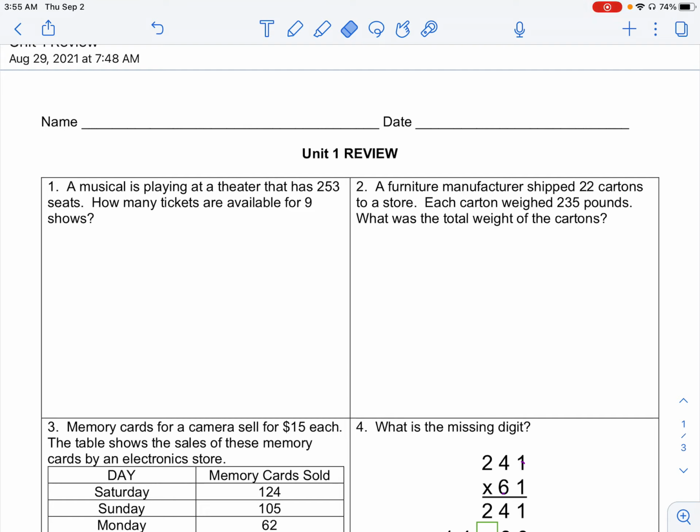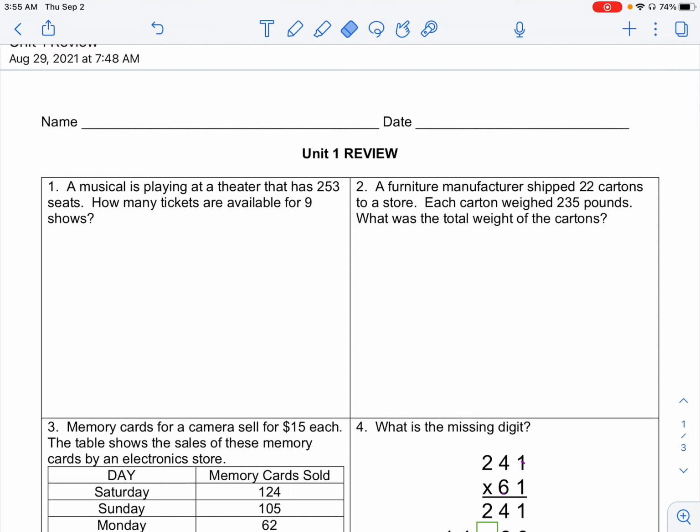All right, number one says a musical is playing at a theater that has 253 seats. How many tickets are available for 9 shows? So 253 for the first show, second show, etc. 9 shows would be multiplication. This is a unit on multiplication, so you can pretty much expect that.